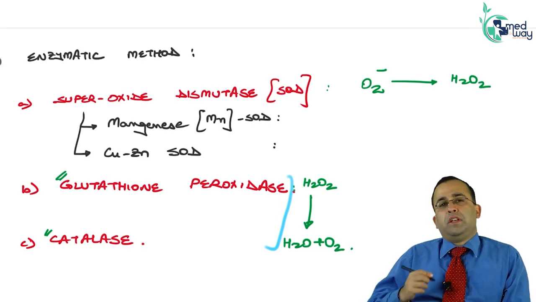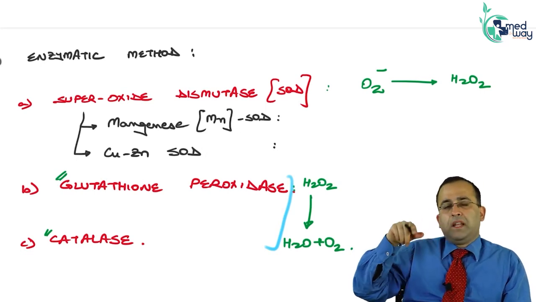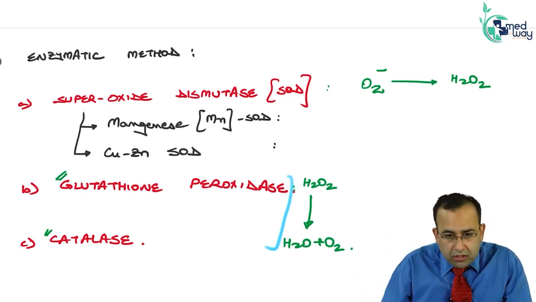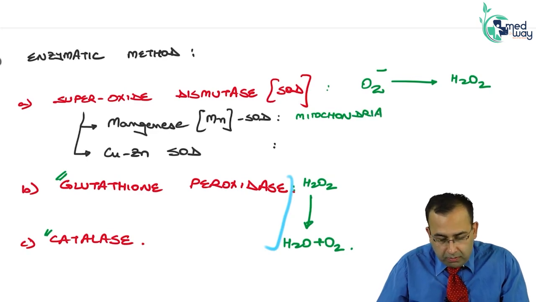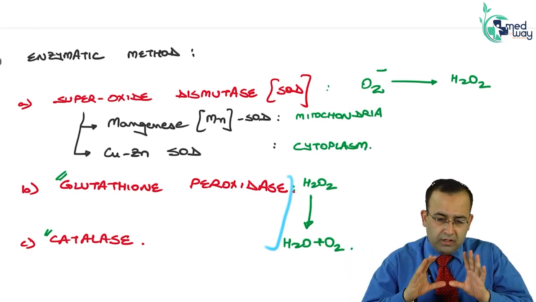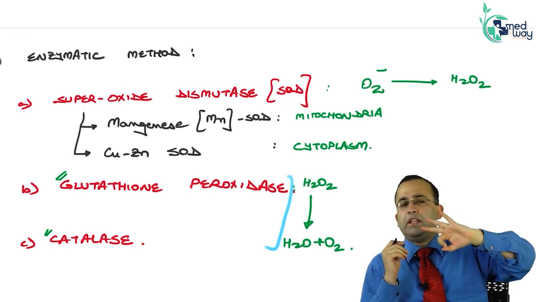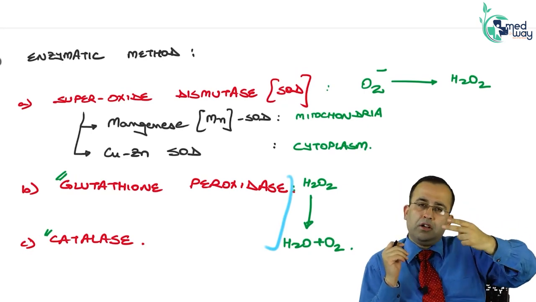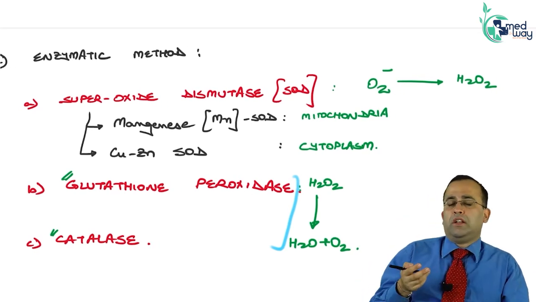Manganese superoxide dismutase is present in mitochondria, versus copper zinc superoxide dismutase, which is present in cytoplasm. This is just a technicality. Even if it is not asked in your exam in so much detail, you need to know कि enzymatic removal तीन enzymes से था, superoxide dismutase, glutathione peroxidase and catalase. This was enzymatic removal of free radicals.